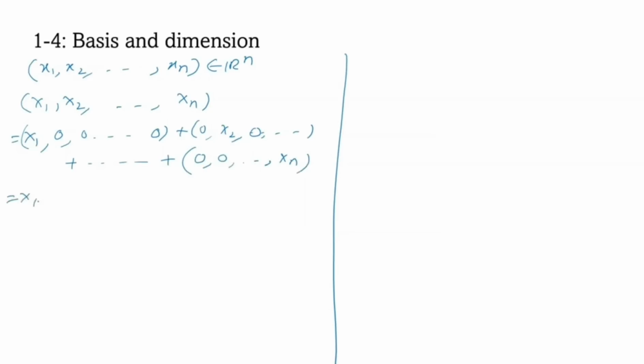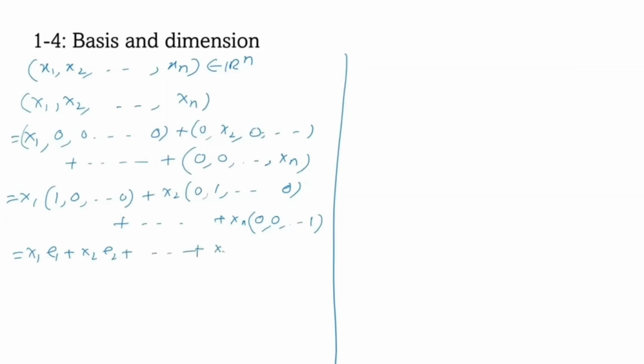This can be written as x1 (1, 0, ..., 0) plus x2 (0, 1, ..., 0) and so on plus xn (0, 0, ..., 1), which is nothing but x1 e1 plus x2 e2 plus ... plus xn en.